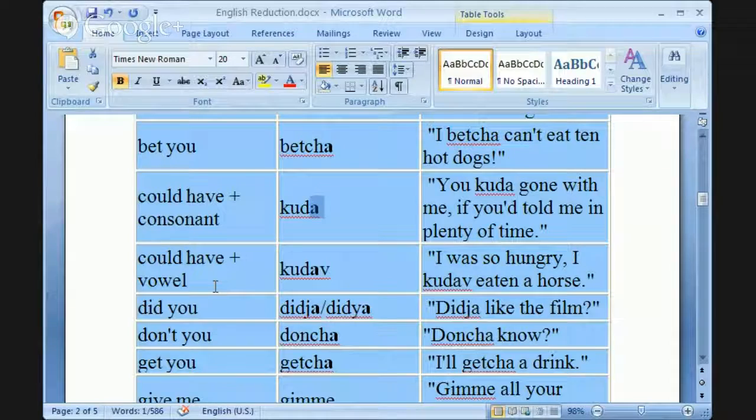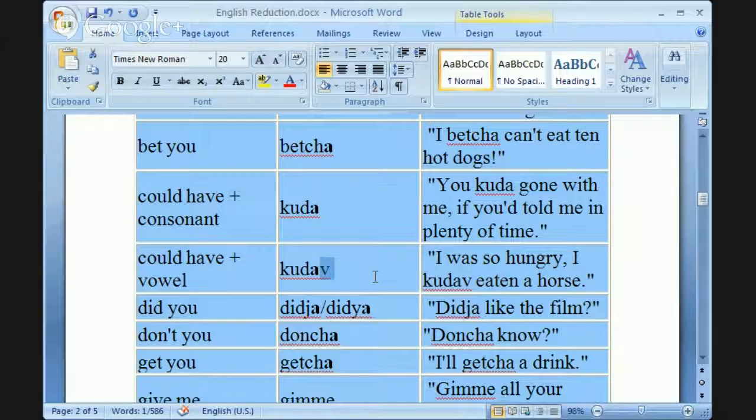However, could have followed by a vowel, we're going to pronounce it differently because we want to have the V sound, the consonant sound, so that we can join this helper verb or auxiliary verb structure to the next word, which is likely going to be a verb.